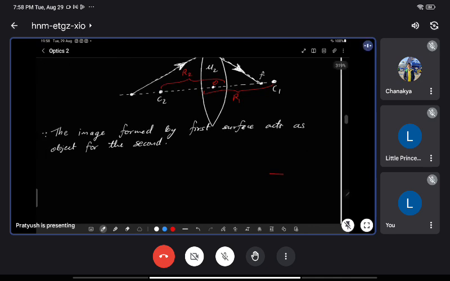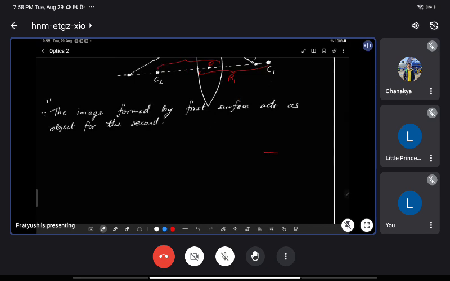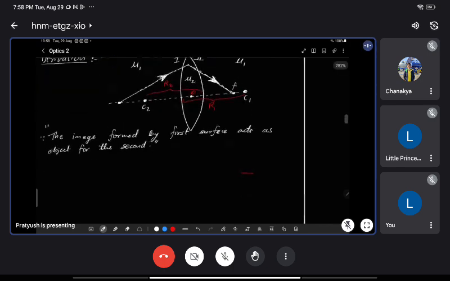Remember that please carefully. In all the questions, this point is very important. In all the questions, this point will be used again and again. Now, we are seeing its derivation.